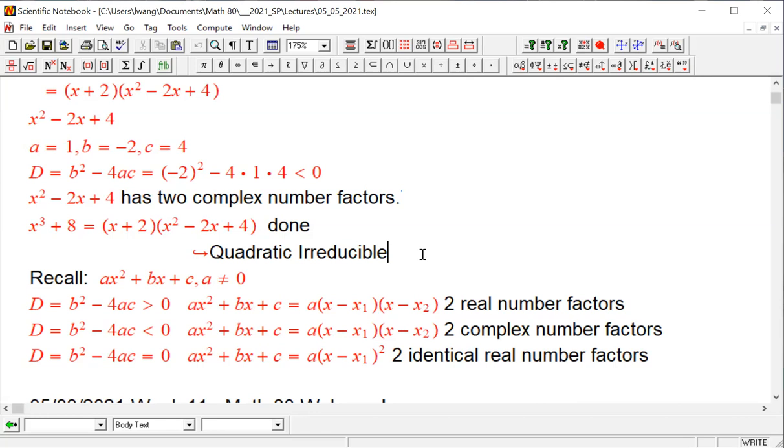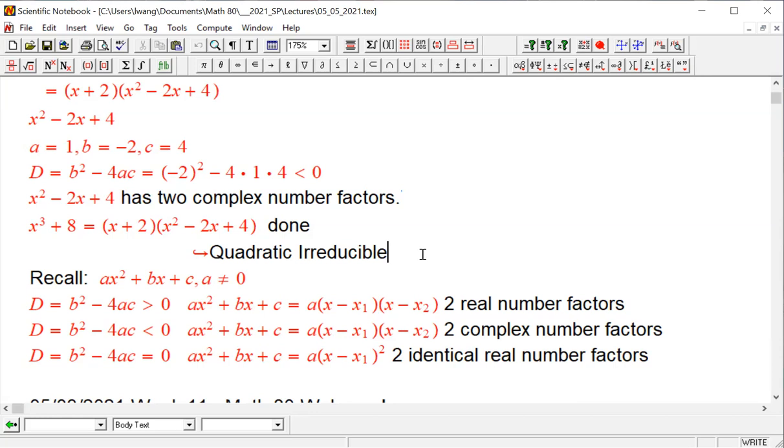In some situations, quadratic irreducible is the most commonly used. The word prime is often used if it cannot be factored into integer factors.